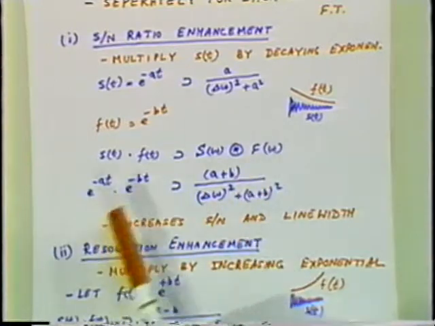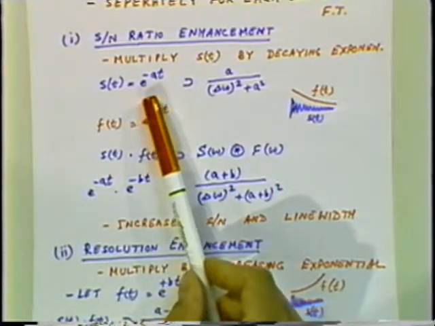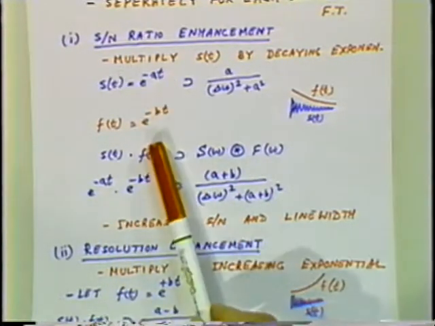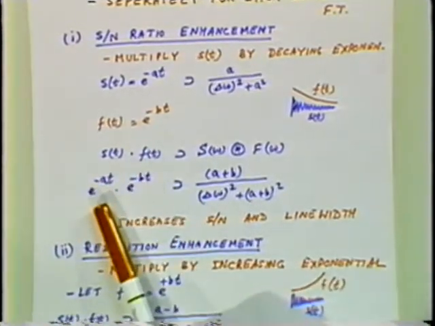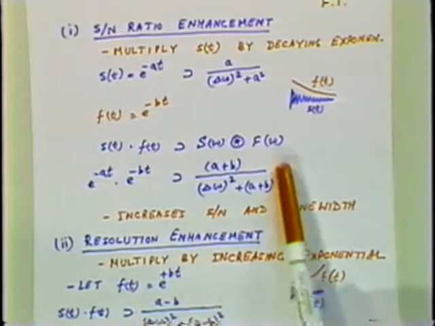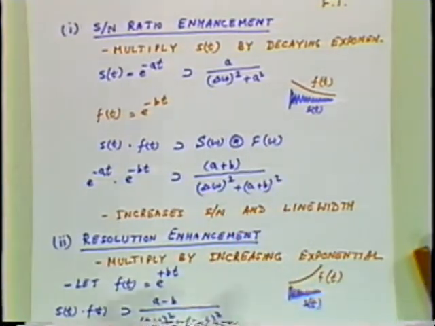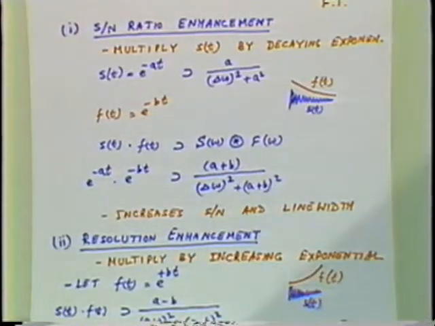So if my original function was e to the power minus at, and I multiply by e to the power minus bt, then I have a time domain signal which is the product of the two, and the convolution of one Lorentzian with another Lorentzian gives me another Lorentzian, whose line width is the sum of the line widths. So it increases the signal to noise, but also increases the line width. So it has some good things and some bad things in it.